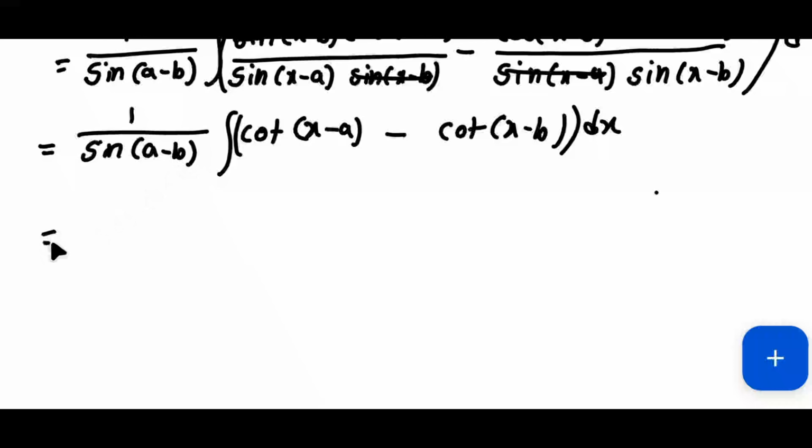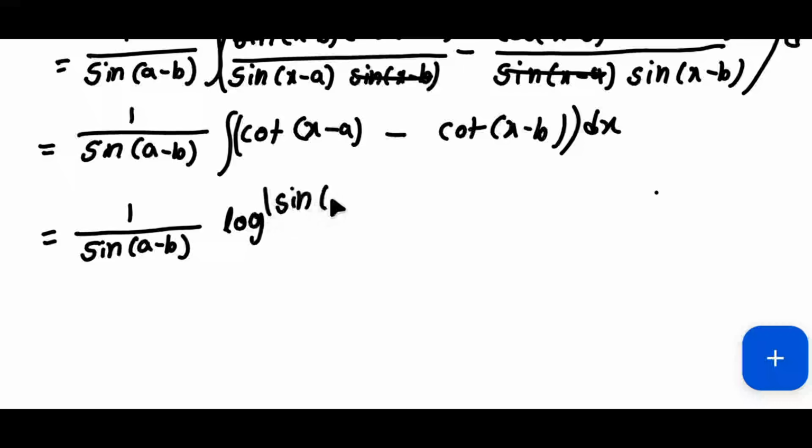Now this is equal to 1 by sine a minus b, integral of cot x minus a, formula: log of mod sine x minus a minus log of mod sine x minus b. Here the x coefficient is nothing, so there is no need to write a denominator.